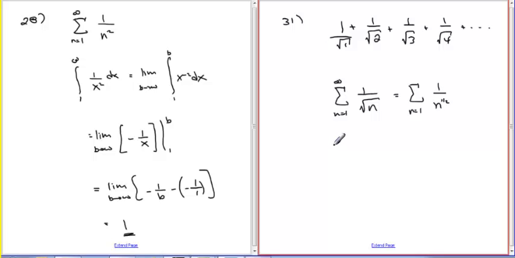So looking at here, it says n to the p. Well, p is 1/2 and n is just the counter. And it says if p is between 0 and 1, it diverges.